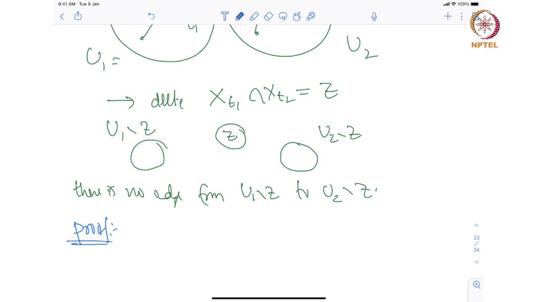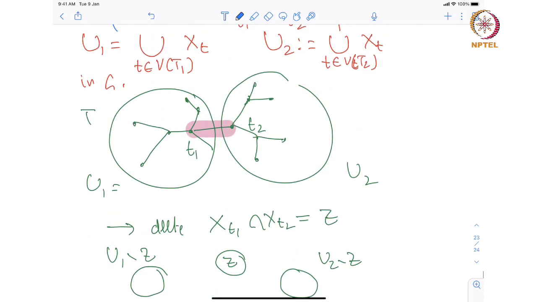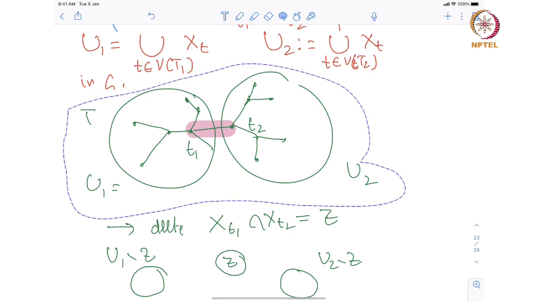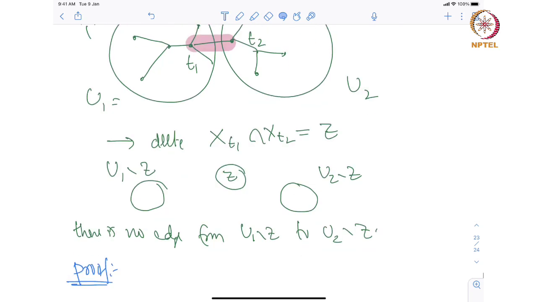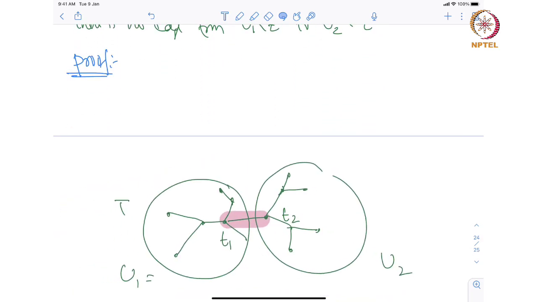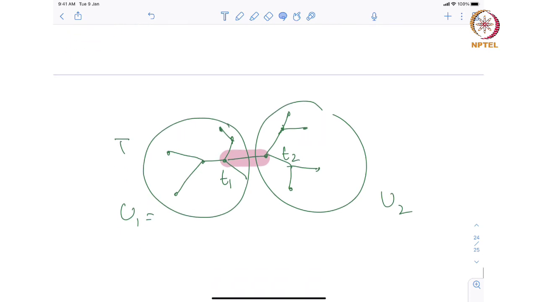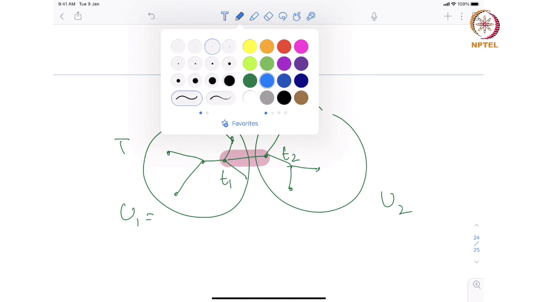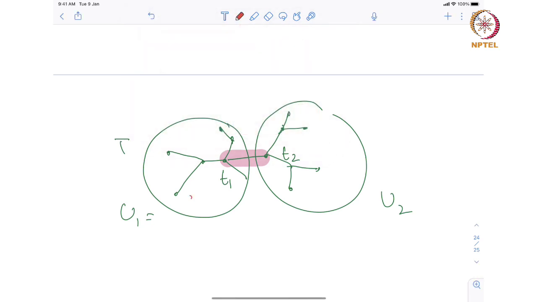Why? Let's cut this, copy. Now, suppose there is some vertex here, A, and there is a vertex B, and there is an edge here.